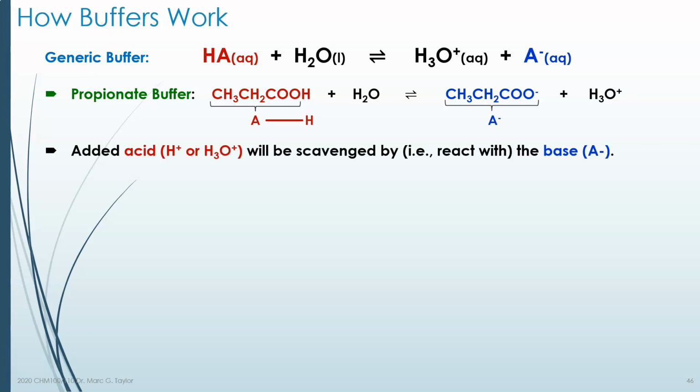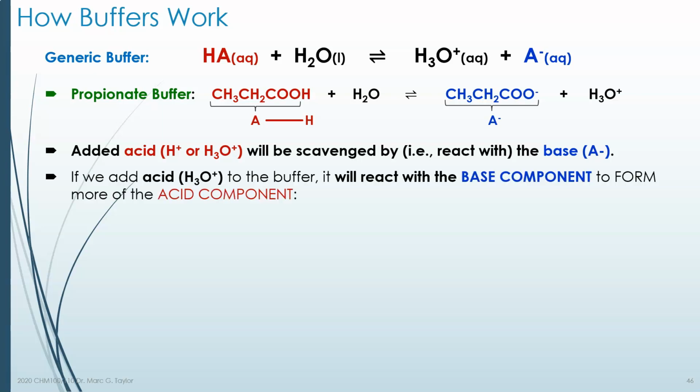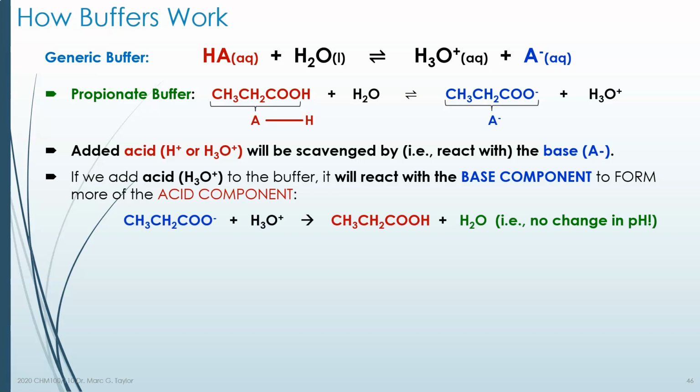So if we add strong acid, H+, which becomes H3O+, of course, that will be scavenged by the base component of the buffer, that is, in this case, the propionate in blue, and it will react with it. Scavenging it means it will react with that component. So we have this reaction where the base component will react with added acid and produce more of the acid component.